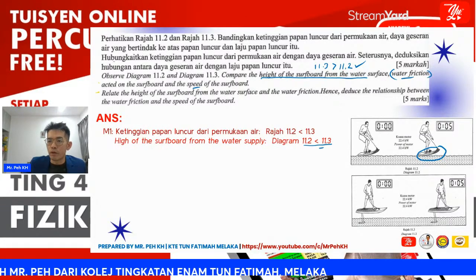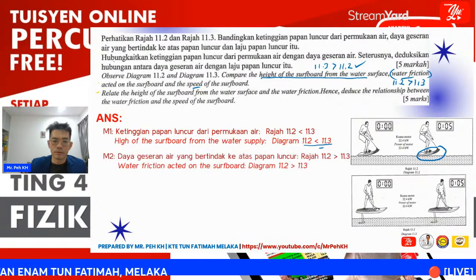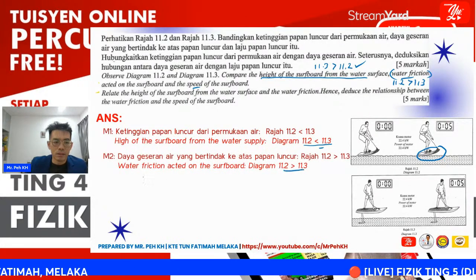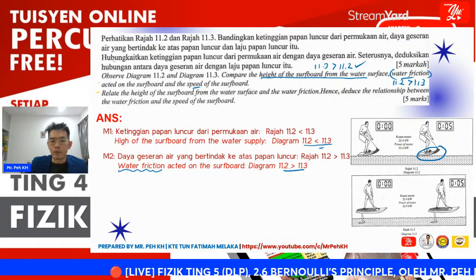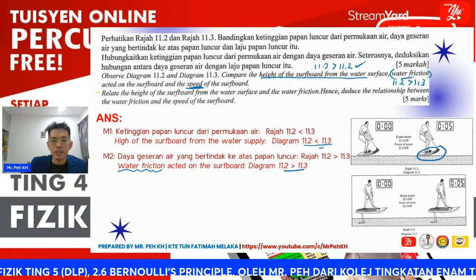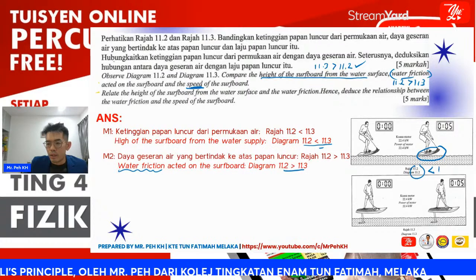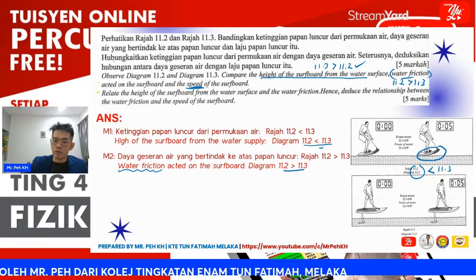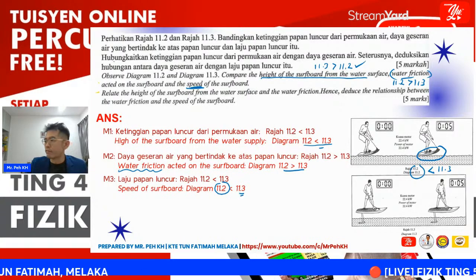Definitely friction for 11.2 is greater than 11.3. So the water friction acting on the surfboard for 11.2 is greater than 11.3. Then for the speed, definitely 11.2 will be smaller than 11.3 because of the friction of water. So speed 11.2 smaller than 11.3.